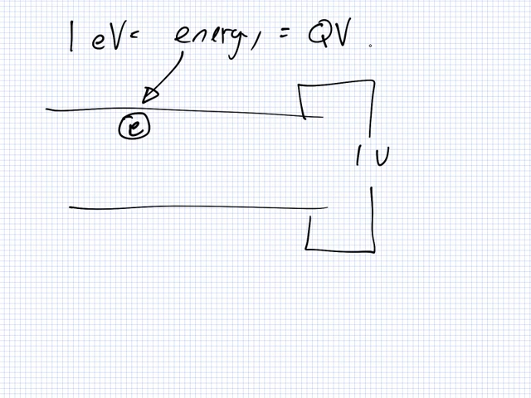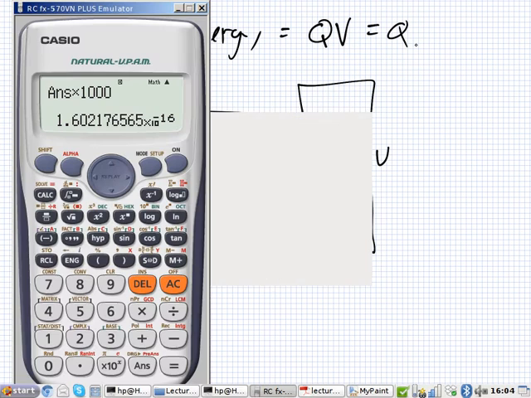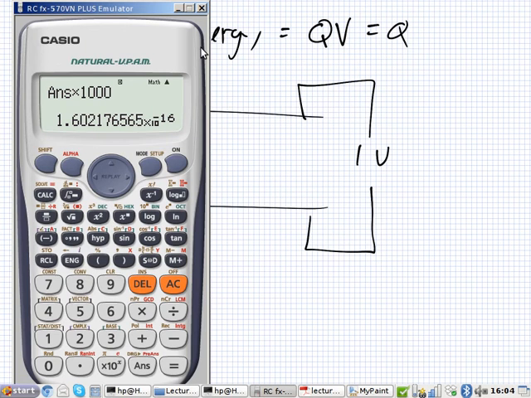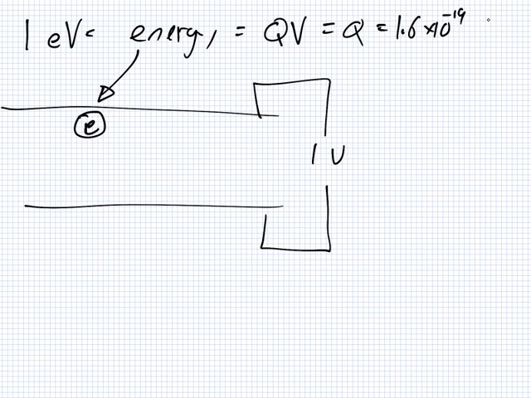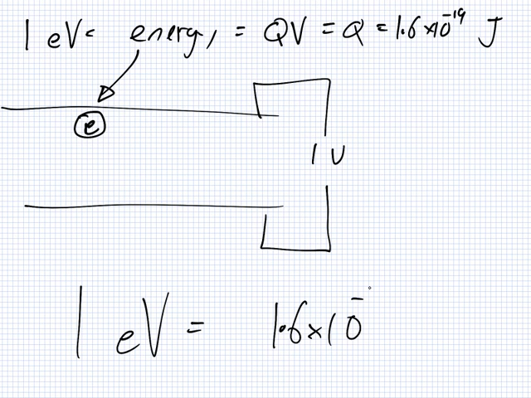Now that's nice for this definition because what's V? 1. And Q is the number I have on my calculator, 1.6 times 10 to the minus 19 joules. So in other words, 1 electron volt is the same as 1.6 times 10 to the minus 19 joules.